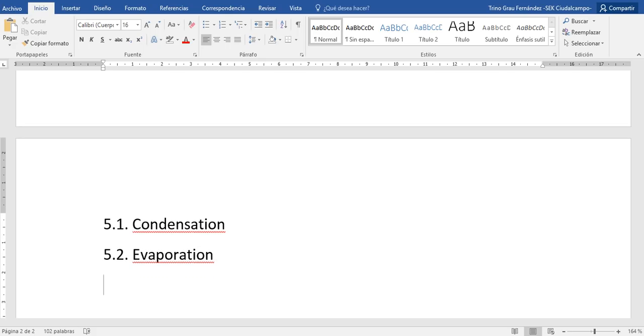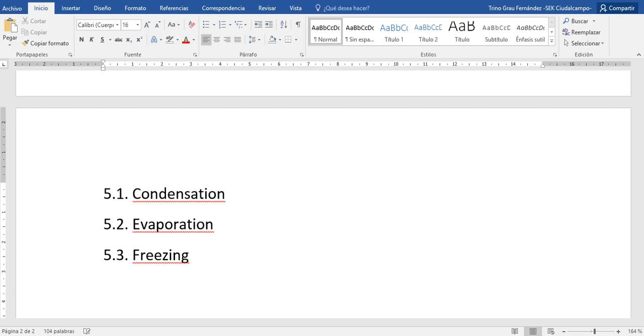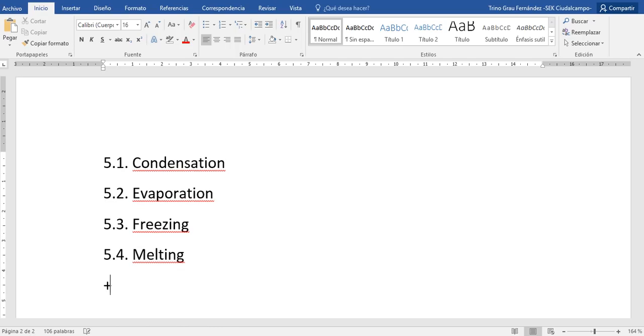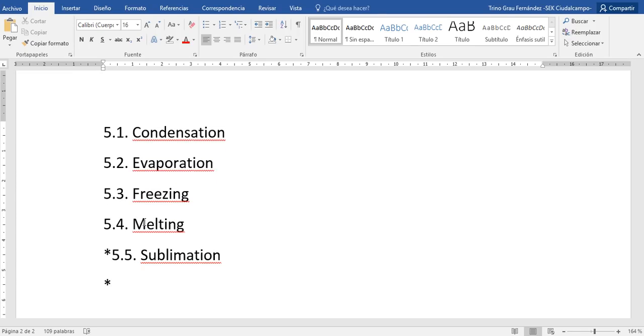The third one, freezing. The next one, melting. And the extra ones, 5 sublimation and 6 reverse sublimation.